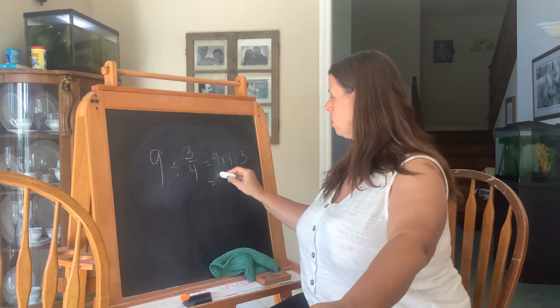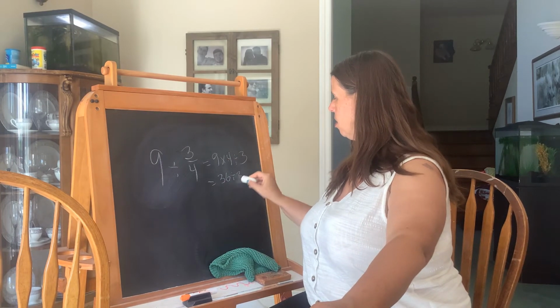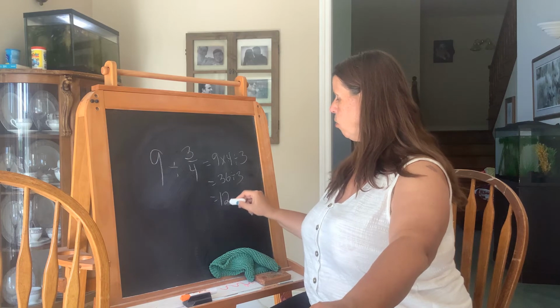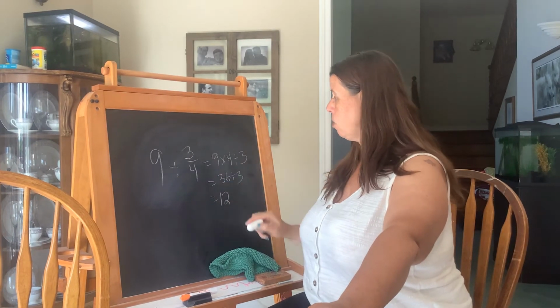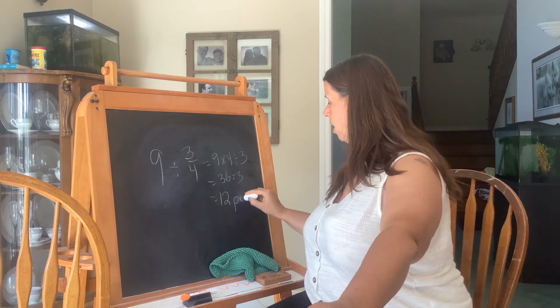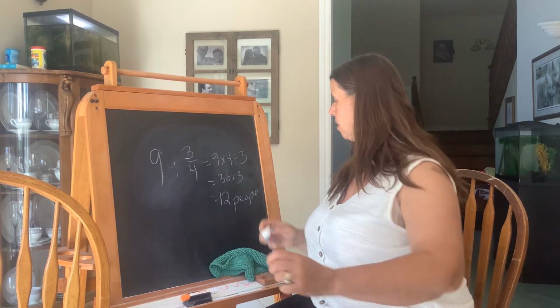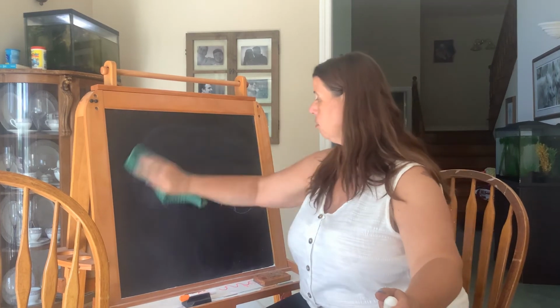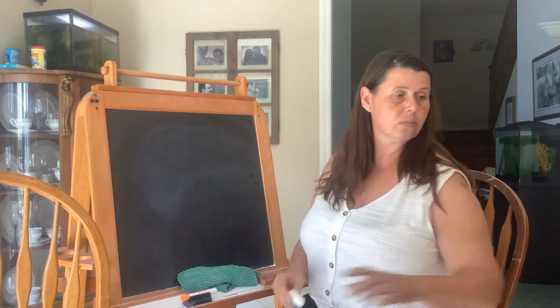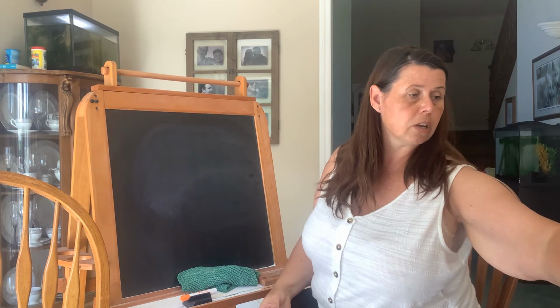So 9 times 4 is 36, divided by 3. 36 divided by 3 is 12. So 9 pizzas, if everybody eats 3/4 of a pizza, will feed 12 people. Okay? Remember your unit. How many people will it feed? 12 people. Okay? That's number 3.